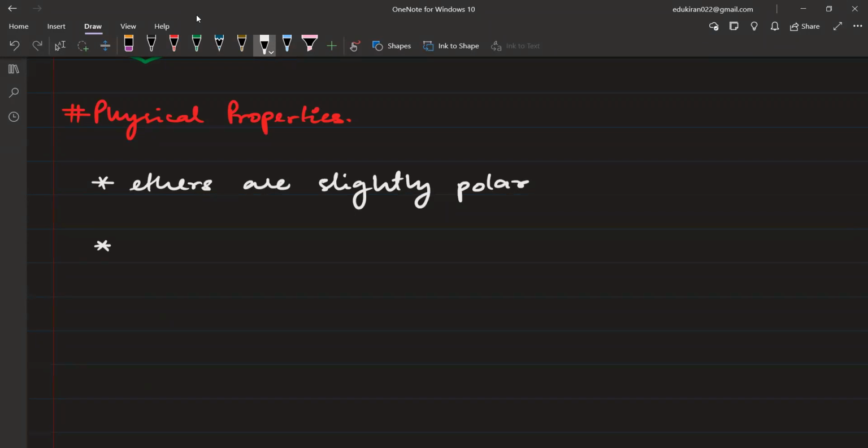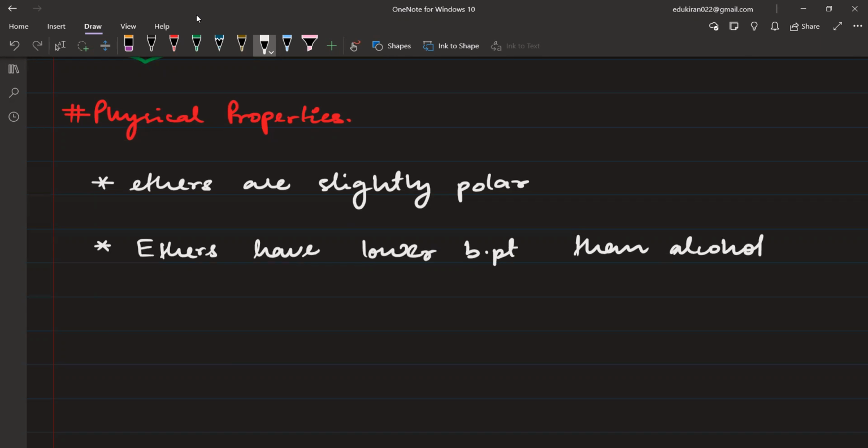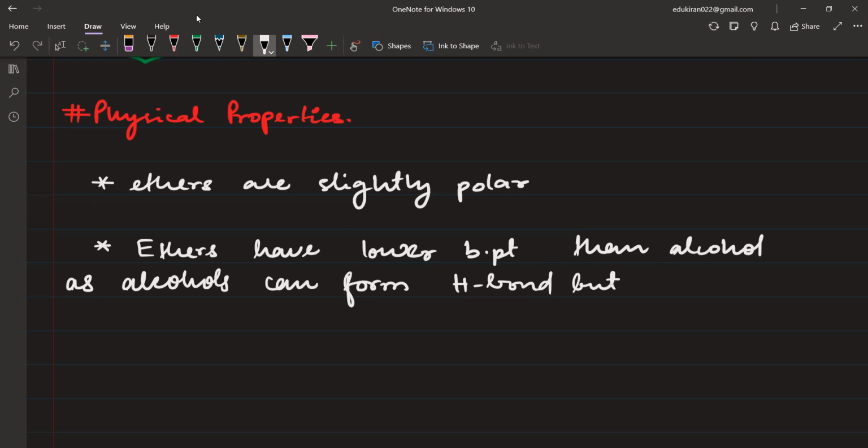Then right next, please write this with me: ethers have lower boiling point than alcohol, as alcohols can form hydrogen bond, but ethers cannot. Ethers can't.